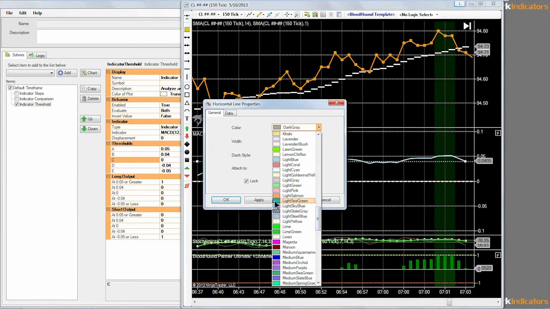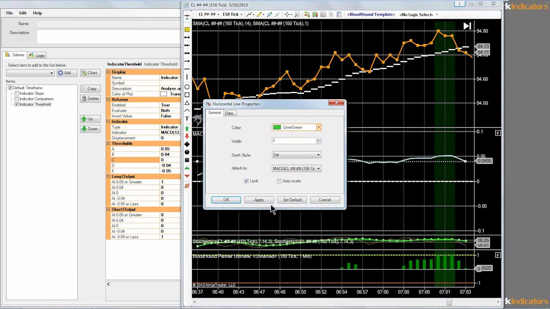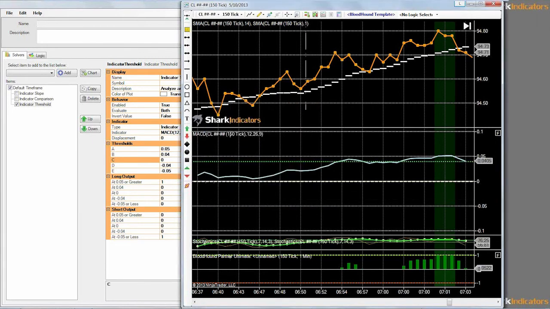Just going to find a different color here. Yeah, lime green. All right, there we go. The dotted green line represents 0.04.